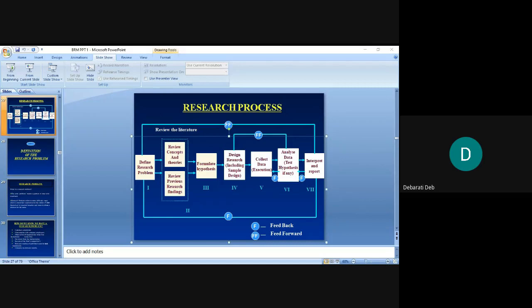All right. Then sources of problems. These can be the different sources you can read. Then your own experience in the academic field, daily experience, exposure to field situations, consultations, brainstorming. Sit with some people, sit with your friends, then brainstorm. Go in groups to some area, then brainstorm what are the problems in this area.